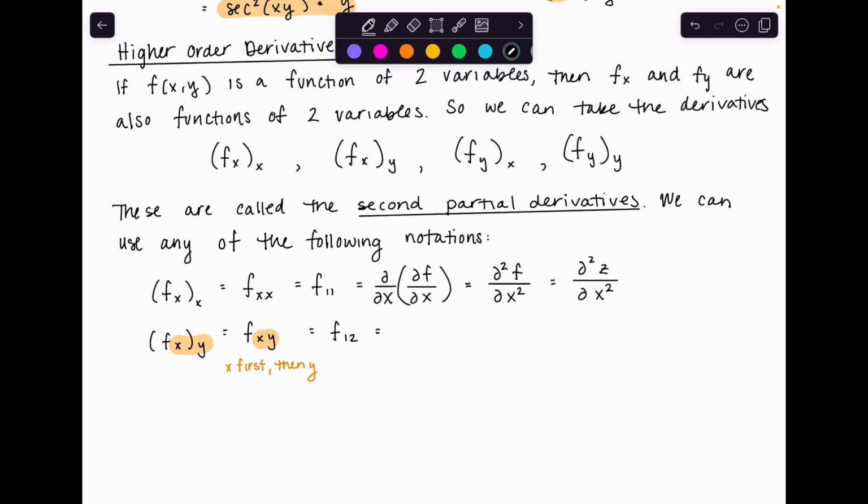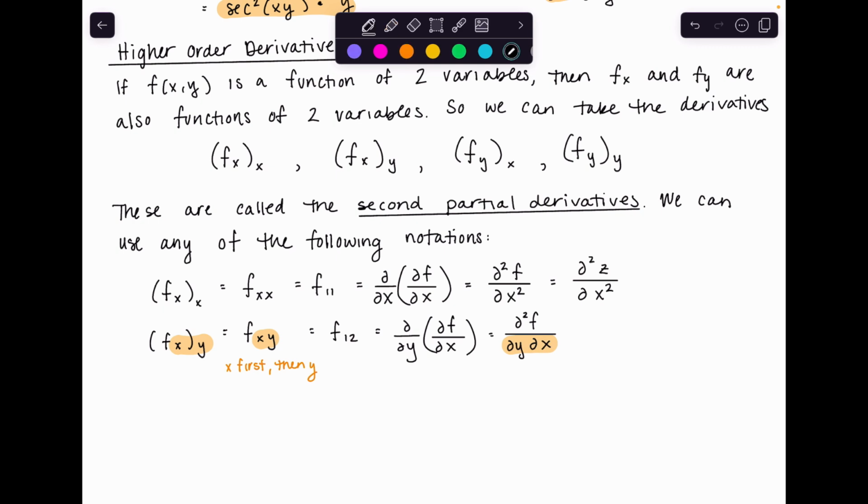Leibniz notation is one that's going to be backwards because here you started with the partial of f with respect to x, and then I'm now taking the partial with respect to y. So I'm still taking two derivatives partially of f, but you see here the order is going to be backwards.